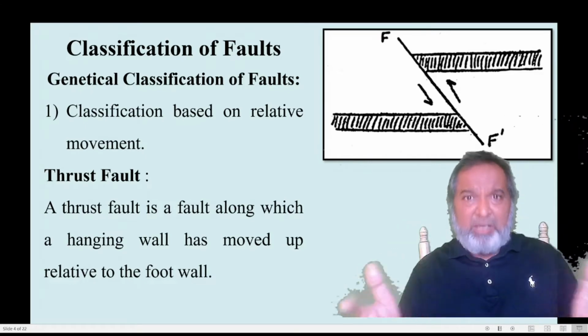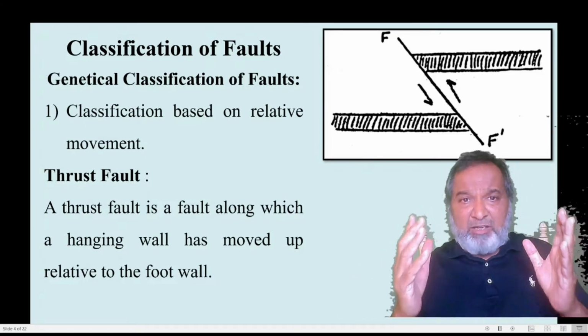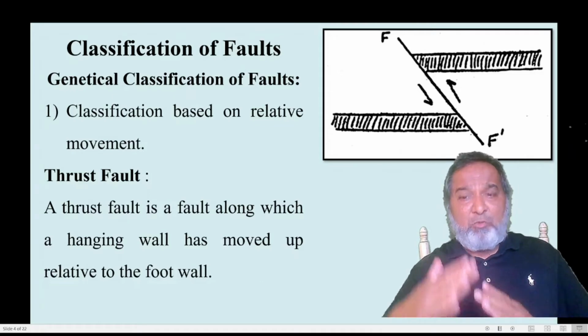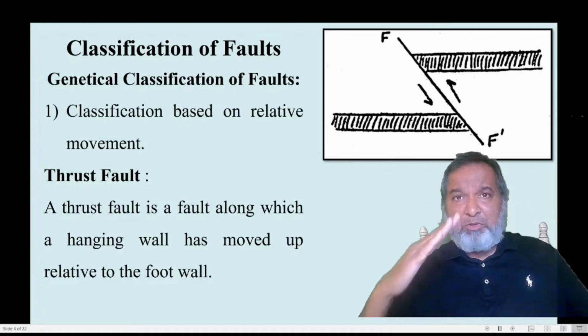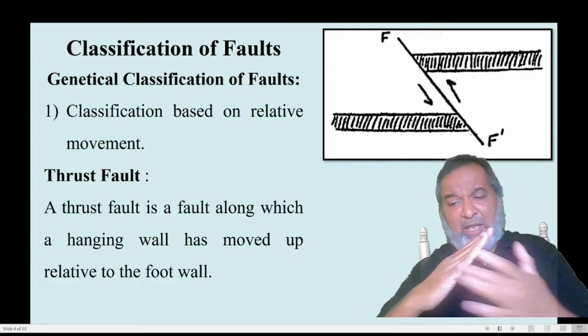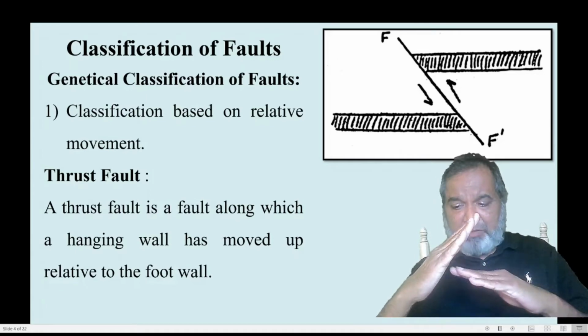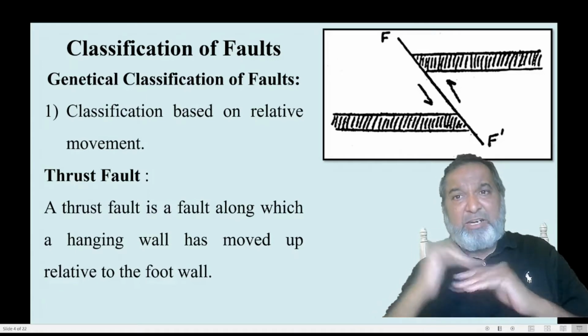Now we are going to see the first part, the classification based on the relative movement along the fault. Here, the block which is present above the fault plane is the hanging wall, and the block which is present on the lower side is the footwall.